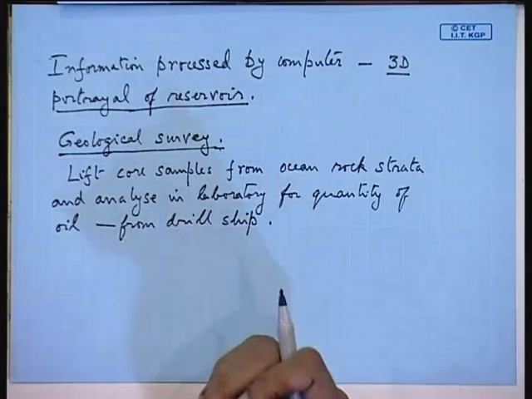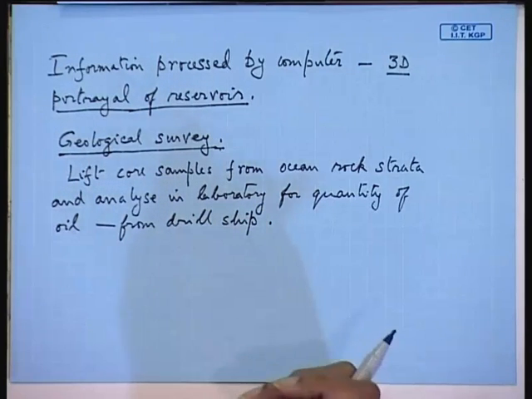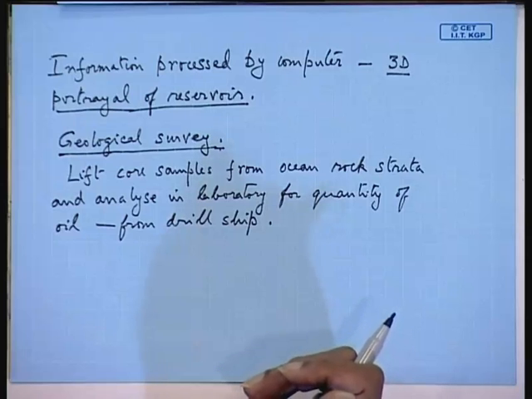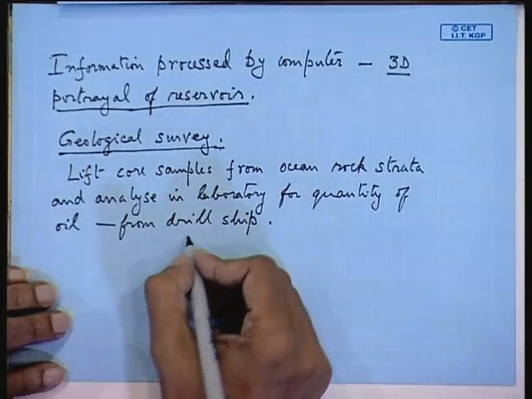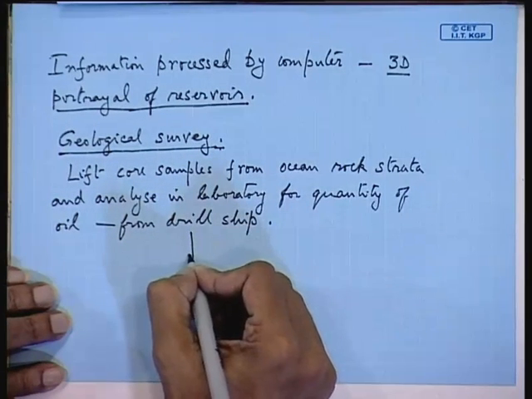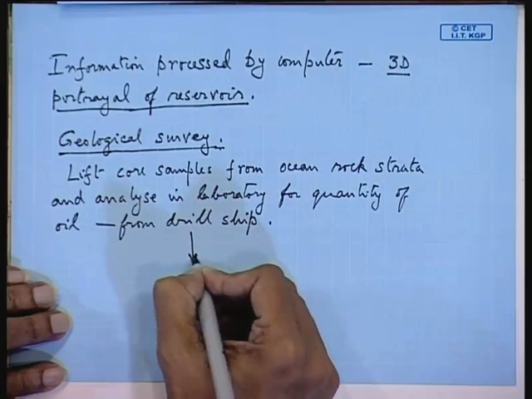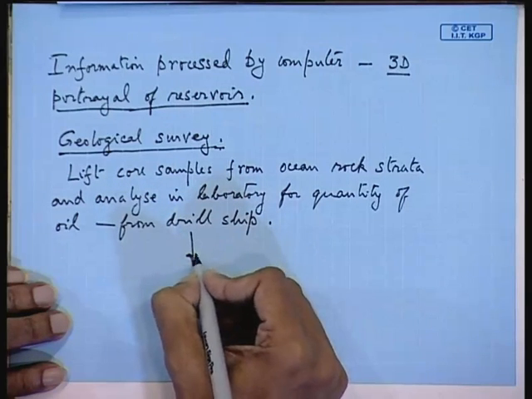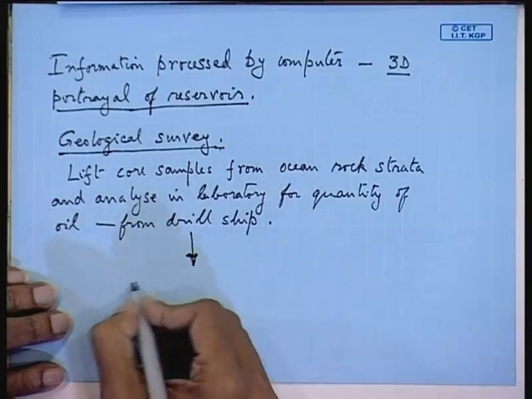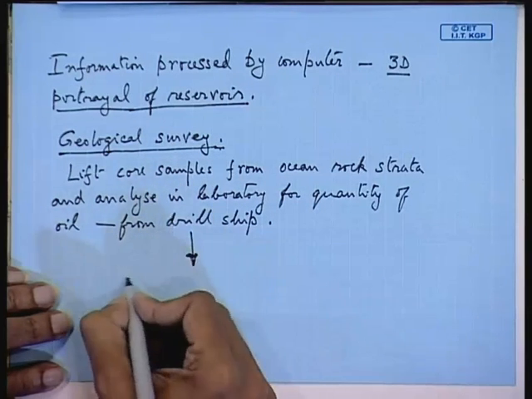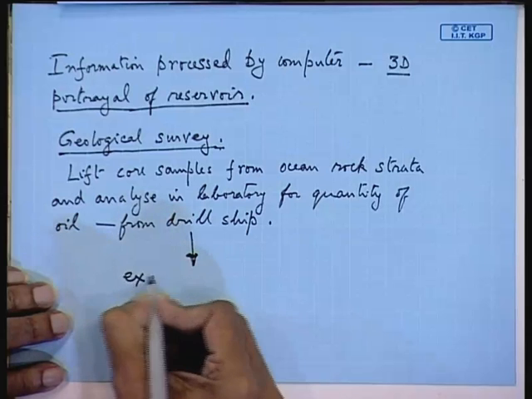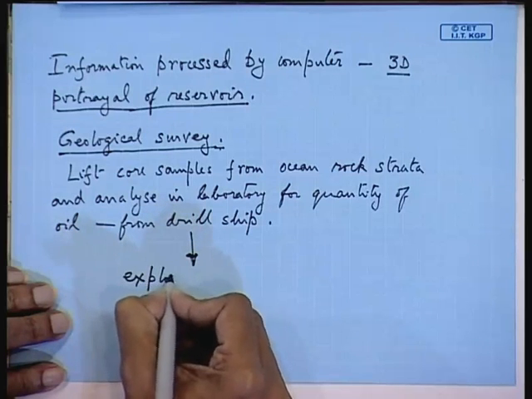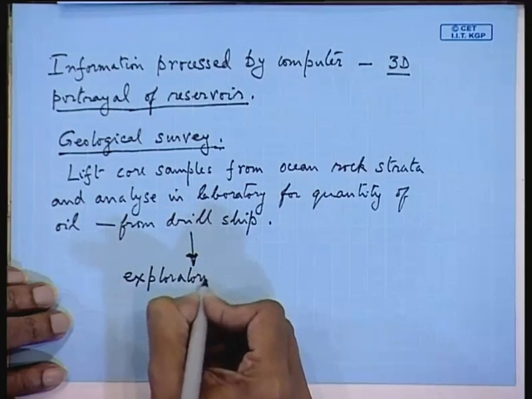So, all these various stages of survey work have to be done before you go for the next stage. What is the next stage? This stage is called exploratory drilling.